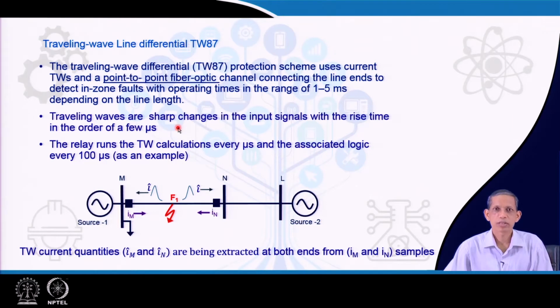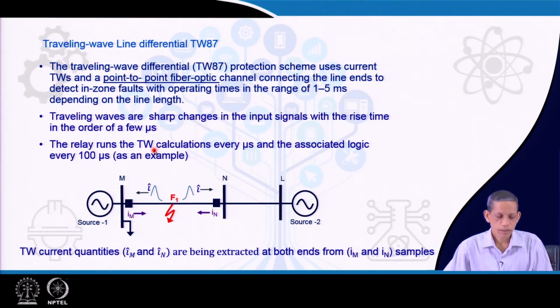So, we have different steps to capture that information using a band pass filter and so on. Also we require the alpha beta transformation. The rise time of the signal is of the order of a few microseconds only.